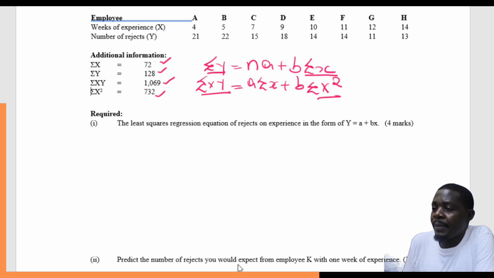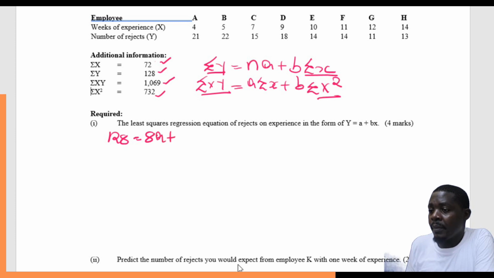Now we substitute these figures in our equations. Summation of Y is 128, and there are 1, 2, 3, 4, 5, 6, 7, 8 employees, so 128 is equal to 8a plus 72b.